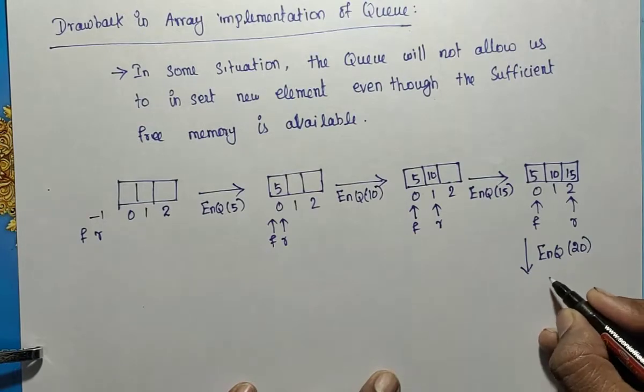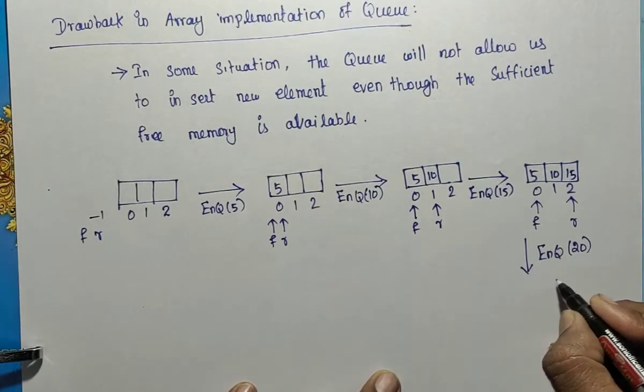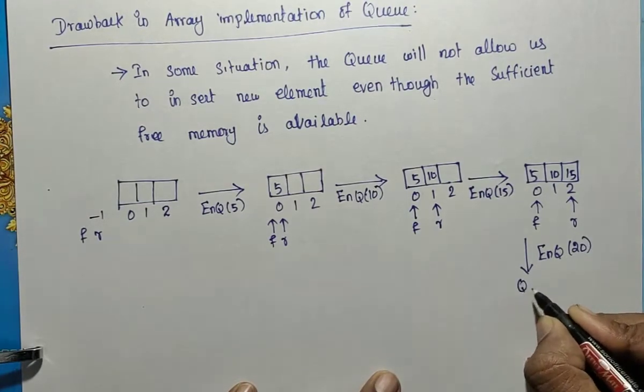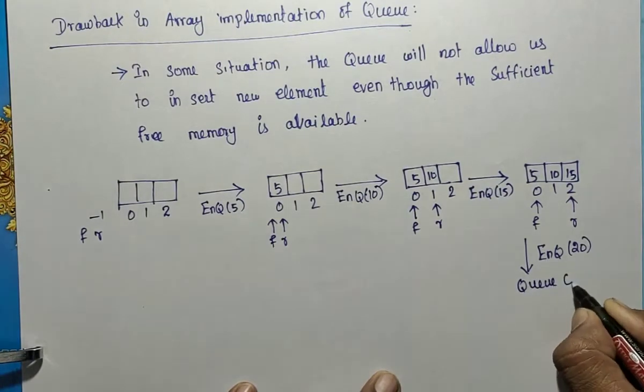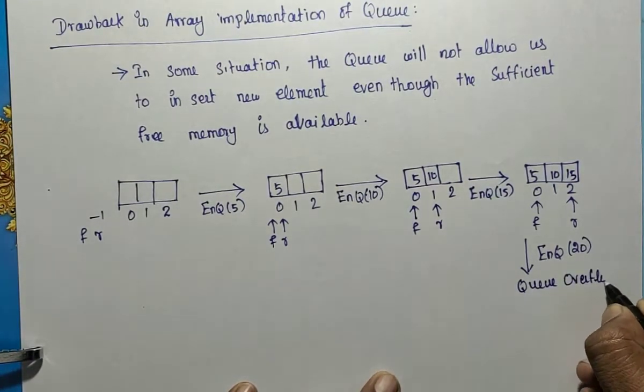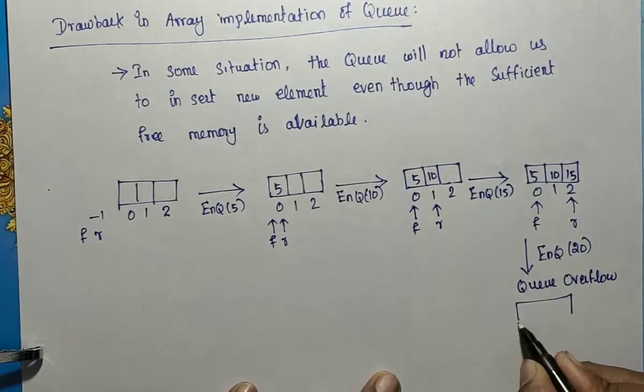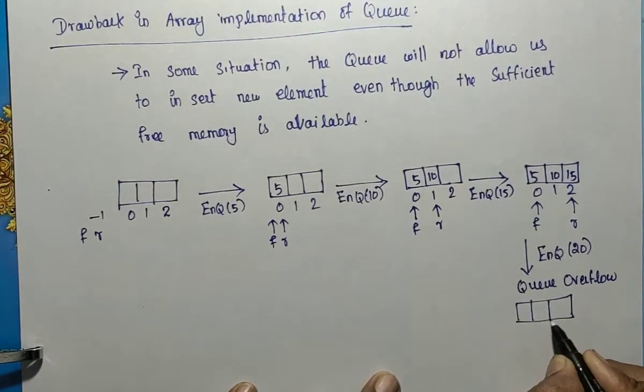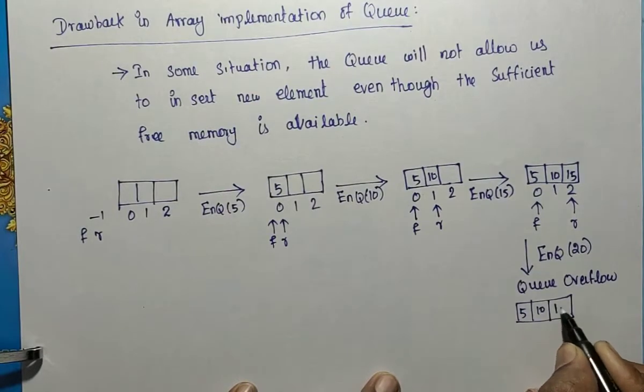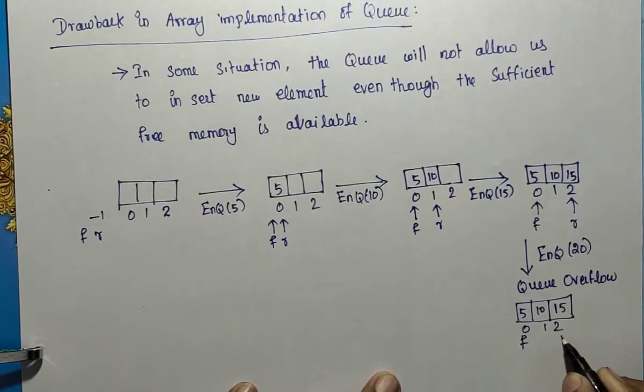We cannot insert that element, so the queue status will be the same: 5, 10 and 15, locations 0, 1 and 2, with front and rear.